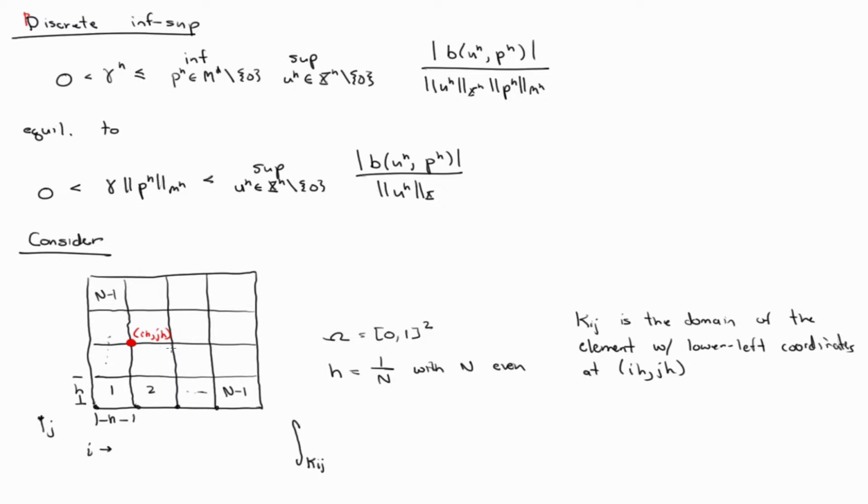So we'll just, you know, so this would be Kij. So it's just the domain of this element we're going to integrate over.